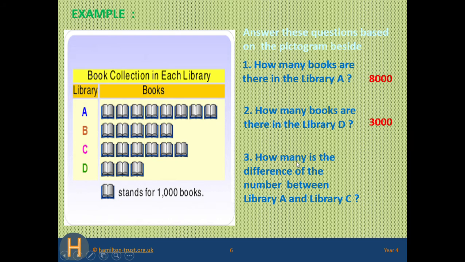Berapa banyak atau berapa selisihnya antara jumlah buku yang ada di perpustakaan A dan di perpustakaan C? Berarti kamu bisa lihat A is 8,000 and C is 6,000. So the difference of the number of the book is berapa anak? Okay, 2,000 books.